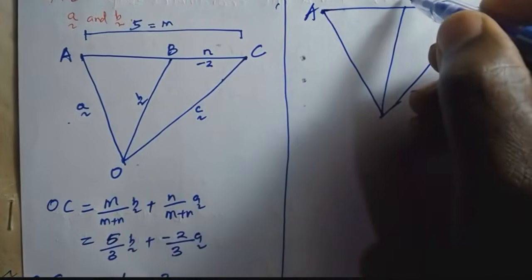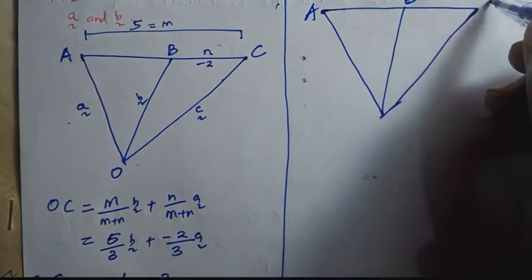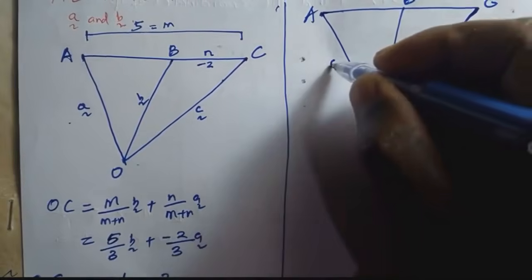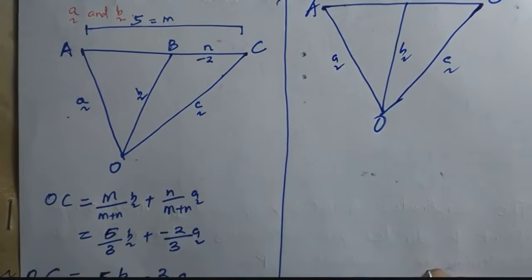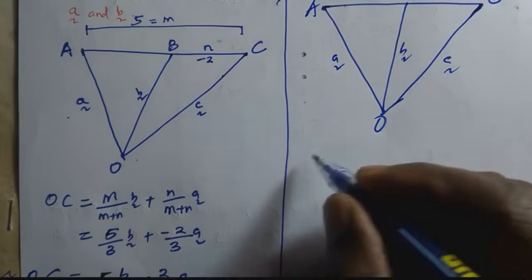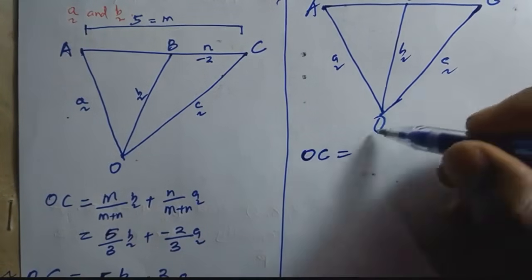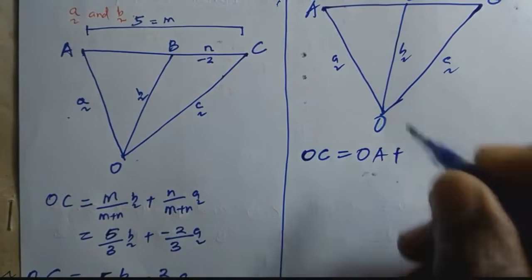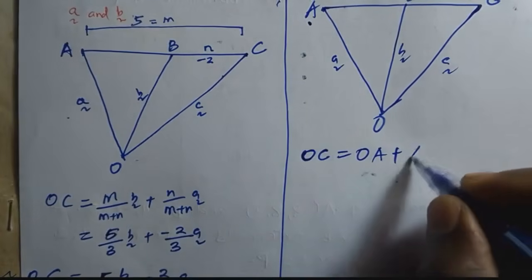A, B, C, here C, B, A, O. So we know that OC is equal to OA plus AC.